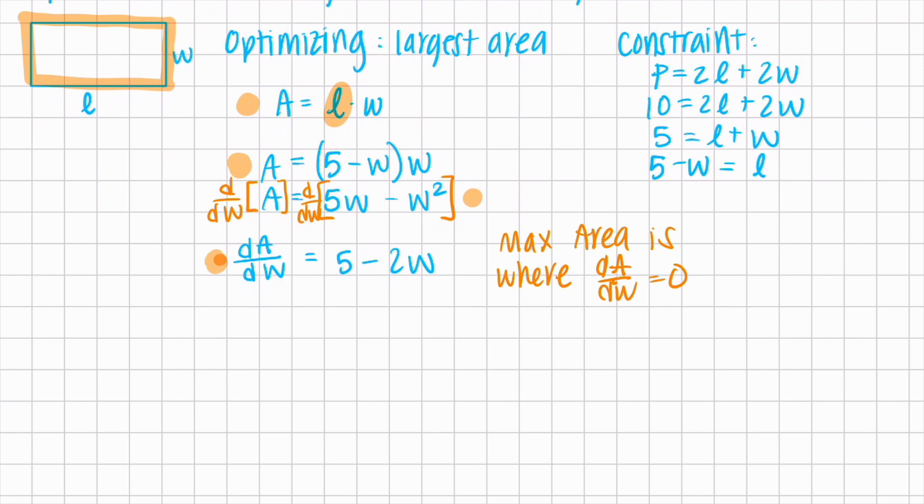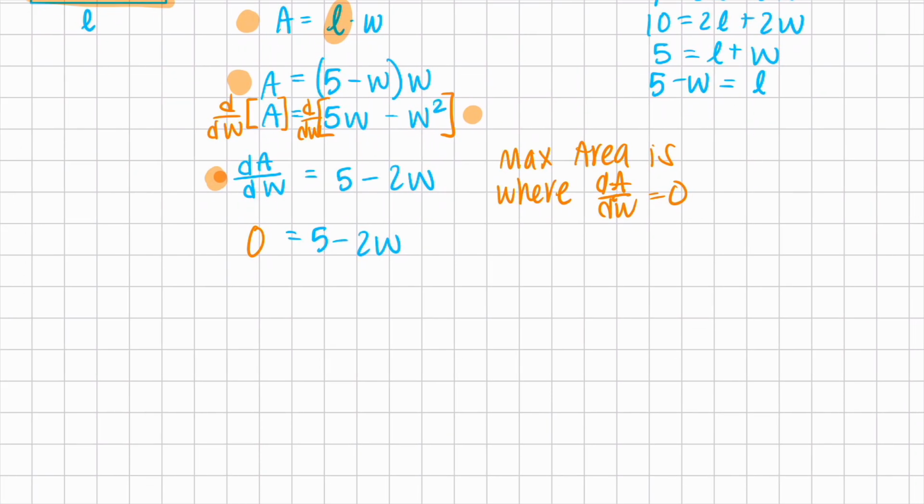So we know the max area is going to be where this derivative equation equals 0. So I'm going to replace dA/dW with 0. And let's solve for W. At what width do I have my maximum area? So I'm going to subtract 5 on both sides, divide by 2, and we get our width is 5/2.